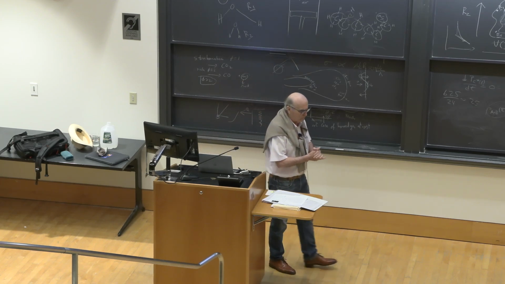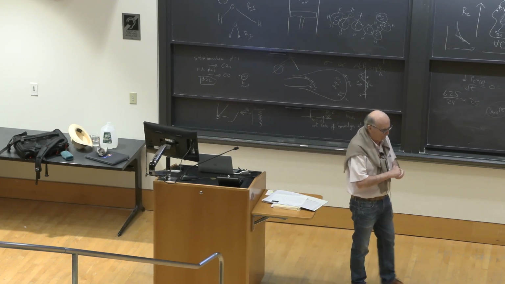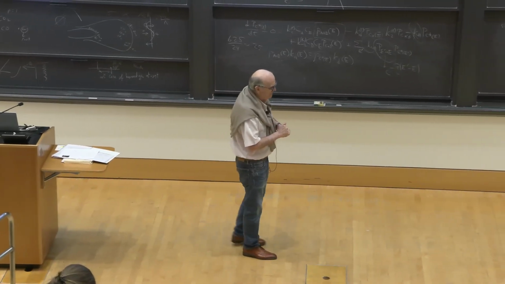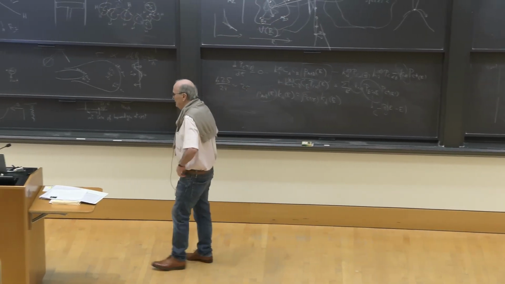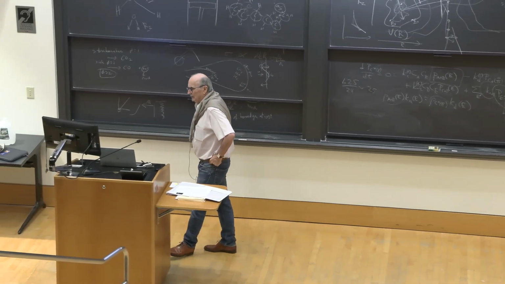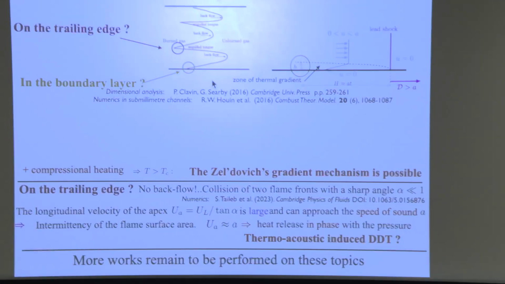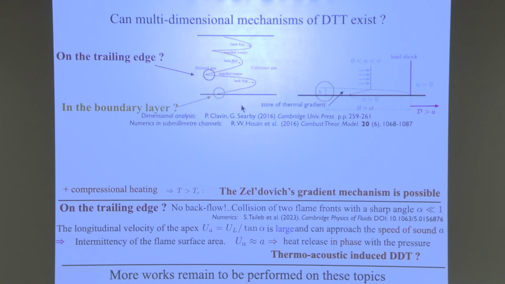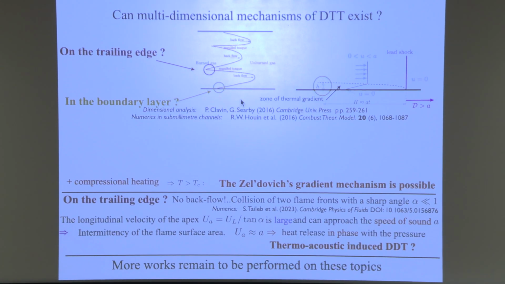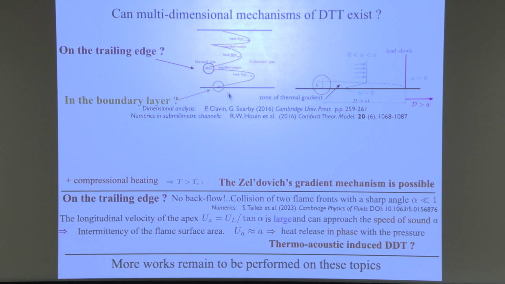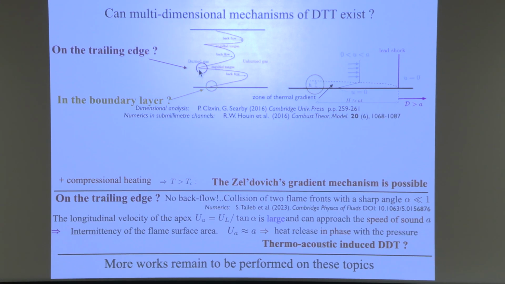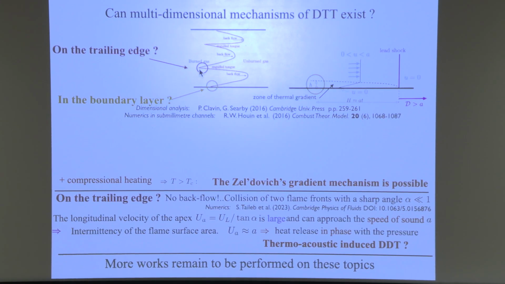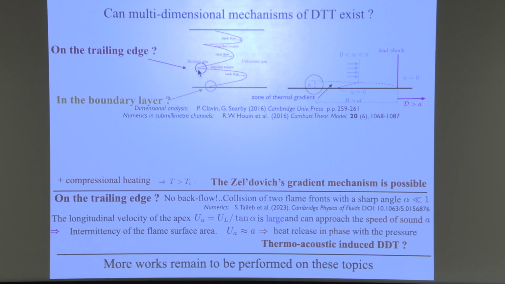This was also observed in numerics, maybe in 2008, but I did not mention this paper. There was a paper with Sivashinsky and someone else who did numerics and found a transition on the trailing edge. But there is no experimental evidence for that.